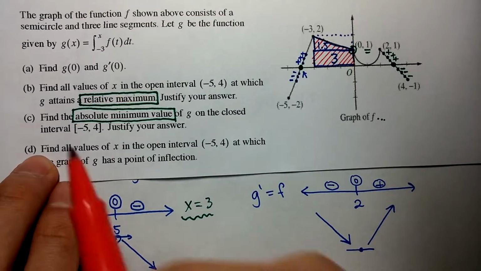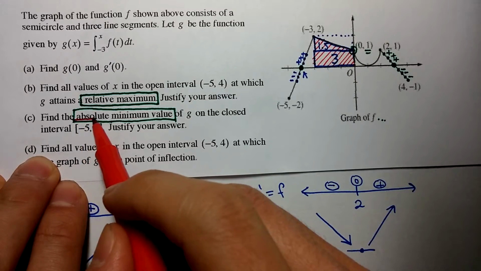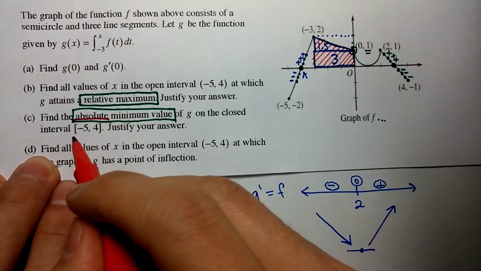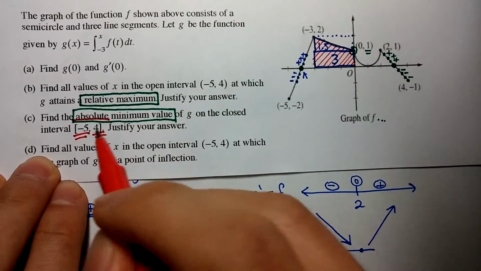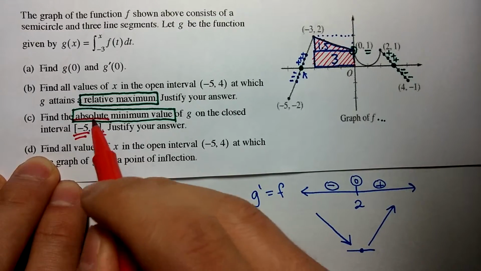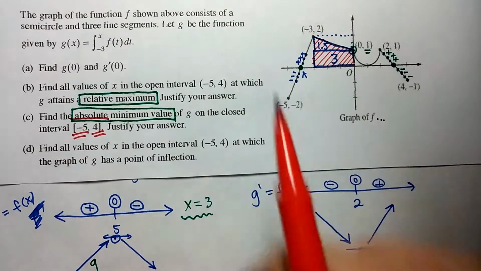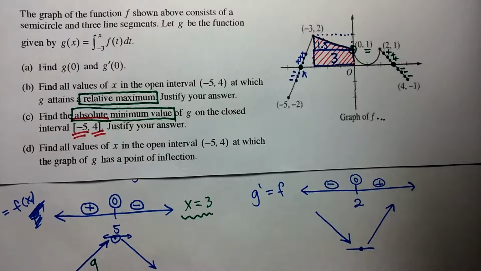Okay, but again, don't forget that this question says absolute. Absolute means I have to also check what's happening at negative 5 and what's happening at 4, because they could have the absolute minimum values.